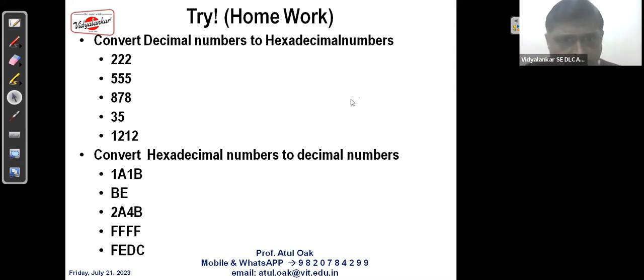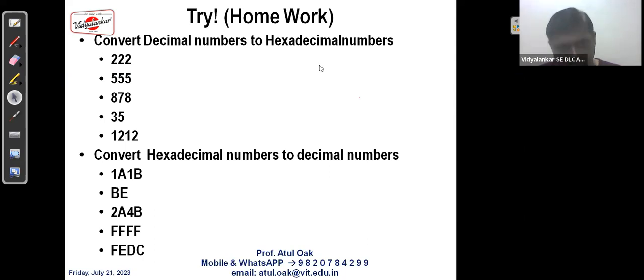There is one query I can see in the chat box. What about floating point numbers? That's a good question. For floating point numbers, there is a different method for how we represent and convert them.